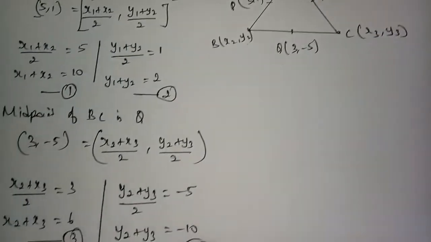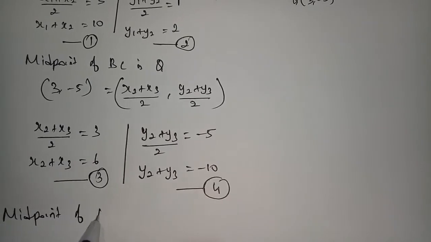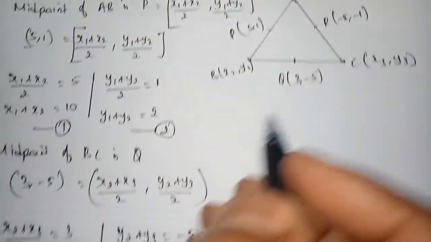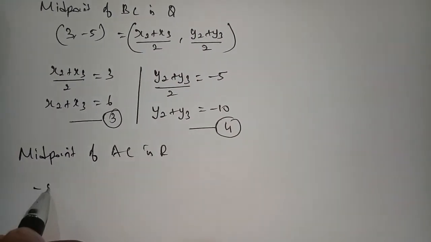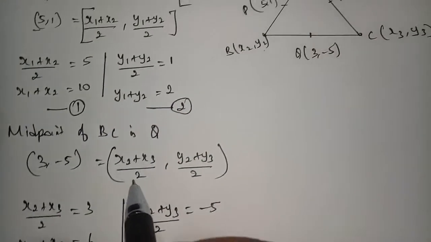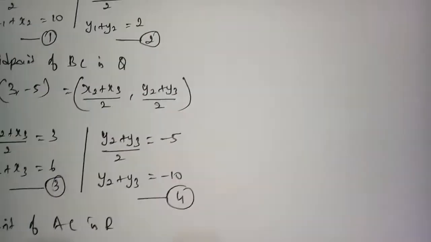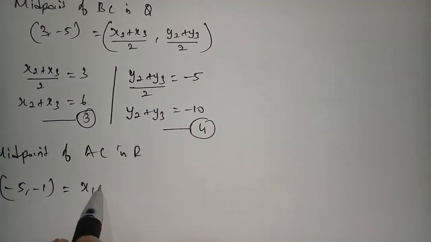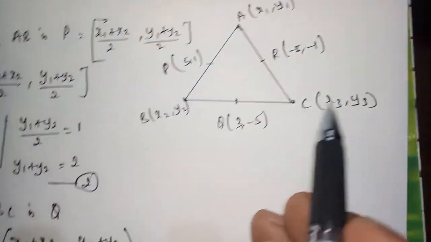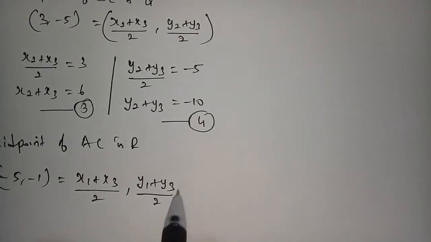The midpoint of AC is R. Same formula. Our midpoint is (-5, -1), which is equal to ((x1 plus x3) by 2, (y1 plus y3) by 2).